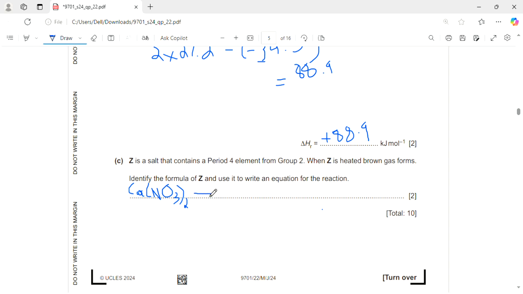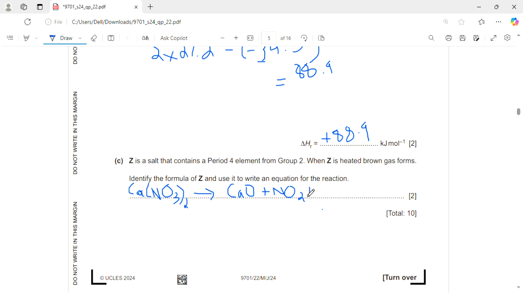So when it is heated, what will we get? It's a metal nitrate of group 2, so it must form calcium oxide, also a metal oxide, plus it gives a brown gas, NO2, which means nitrogen dioxide, and oxygen.